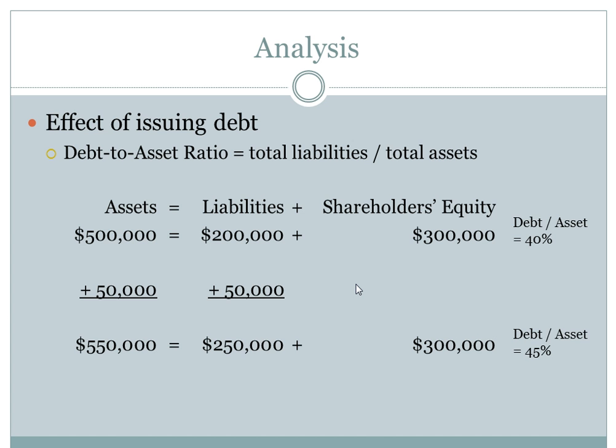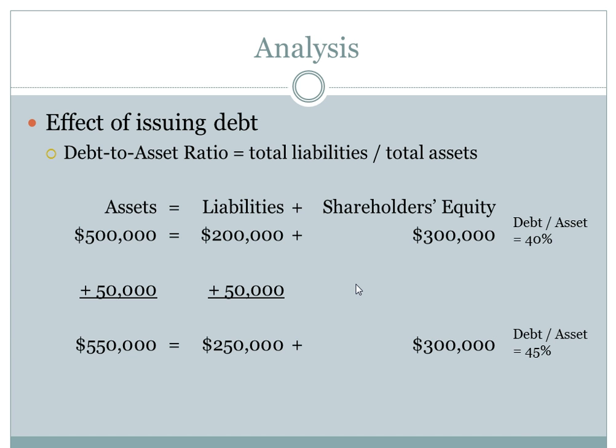This is what's sometimes referred to as financial leverage, the extent to which we are using other people's money, the extent to which we are using external sources of financing. And so a higher debt to asset ratio means that we are more highly leveraged. There are some potentially good things related to that, but there are some potential risks associated with that as well.